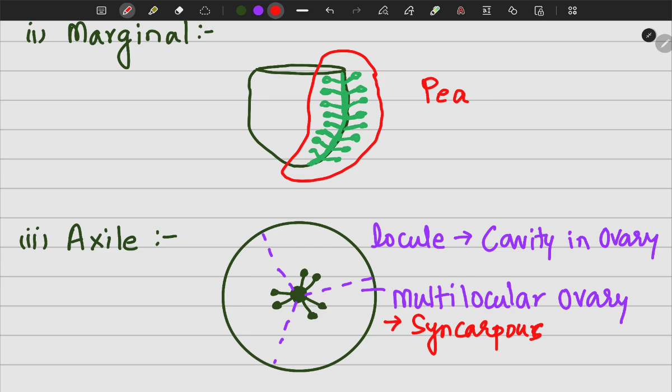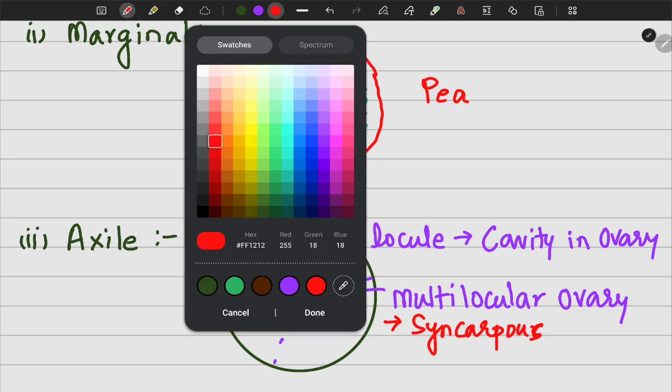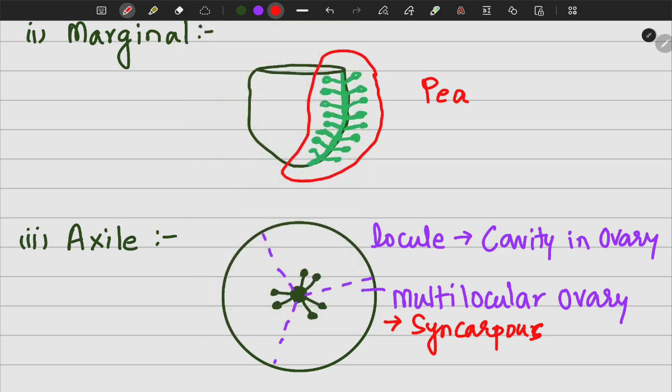So these are the characteristics of the axile placentation, usually seen in multilocular ovary, where the placenta is formed at the axis or the central axis, and then ovules will be attached on that central placenta like this.